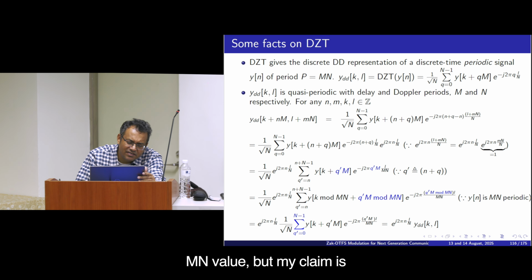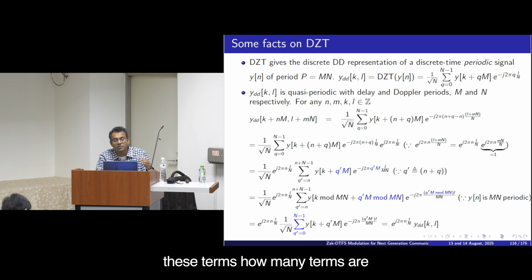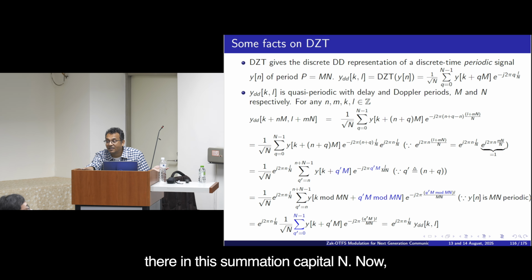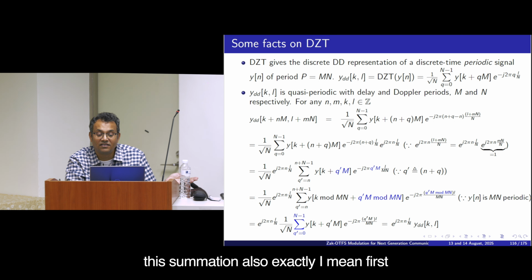But my claim is that whether you go from n to n plus capital N minus 1 or from 0 to capital N minus 1, how many terms are there in this summation? Capital N. Those terms will still be here in this summation also, exactly.